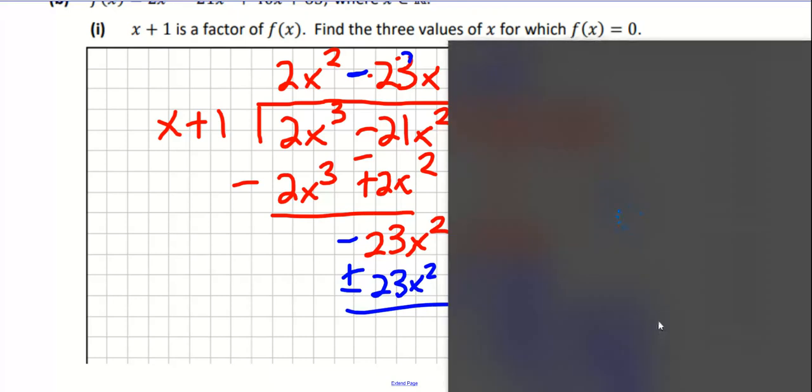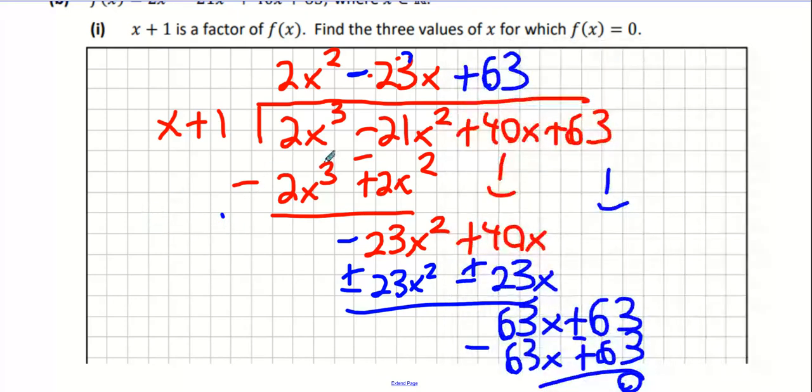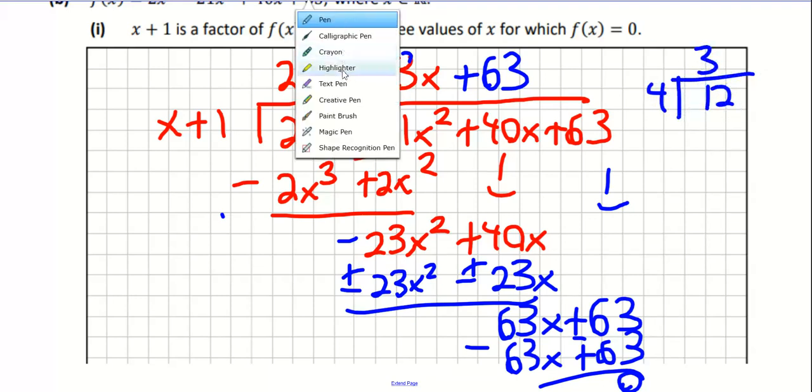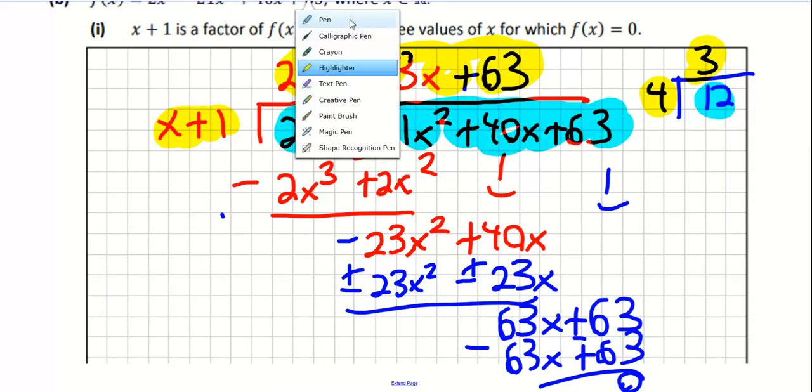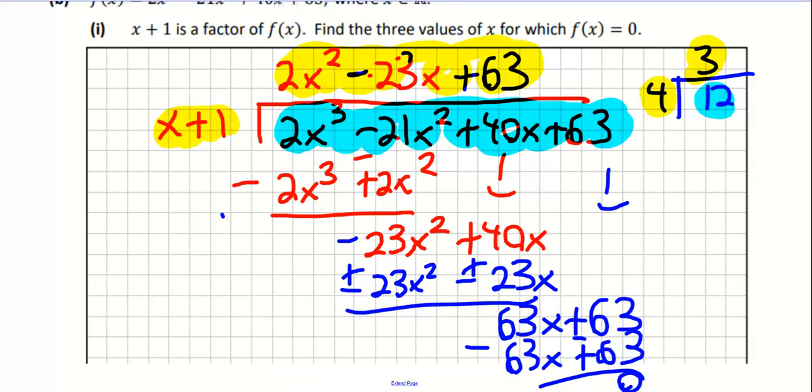Okay, happy days. Now, what I'm basically trying to explain here is that if you had 12 divided by 4 is 3, what we're saying is that these two yellow parts, when you multiply them, equal the blue part. Because I need the board space, I'm just going to rub this out now.